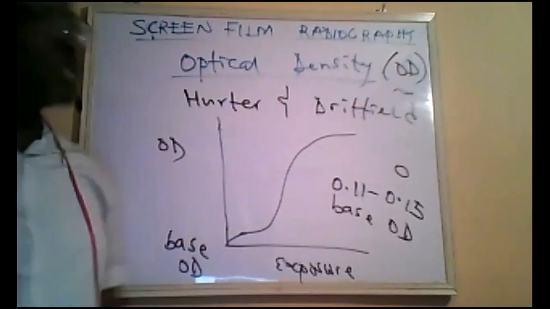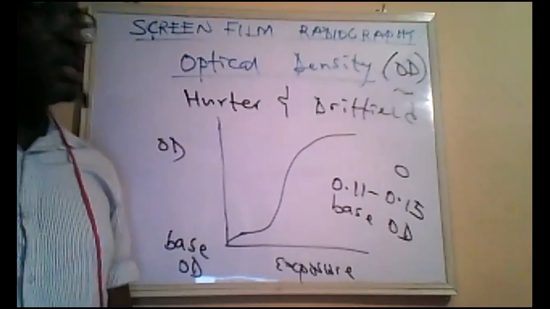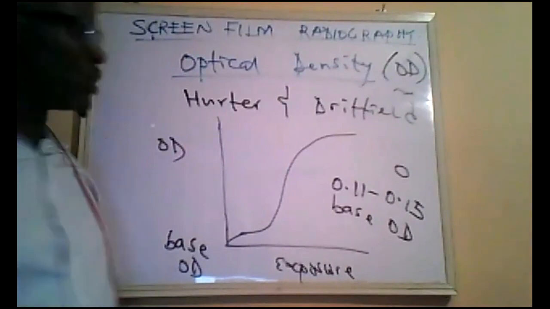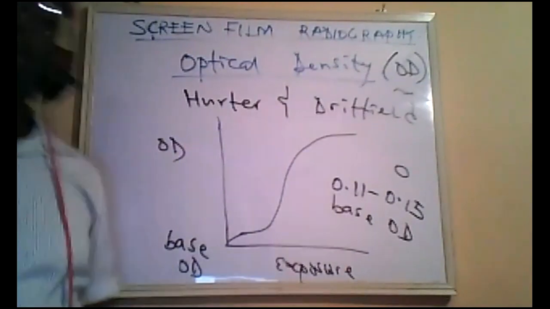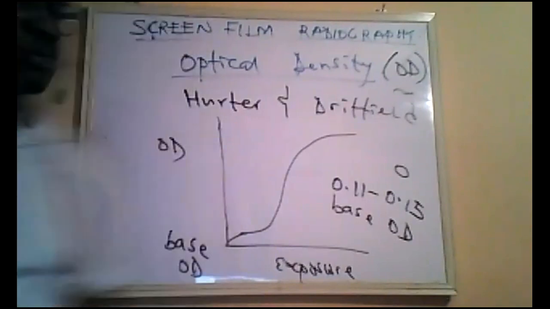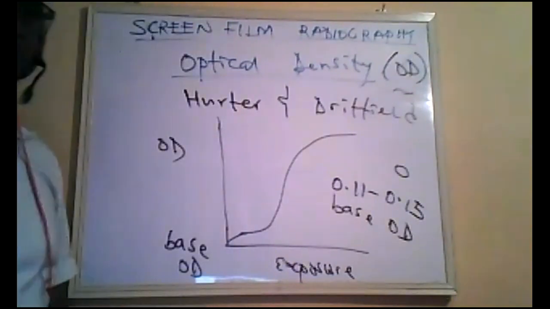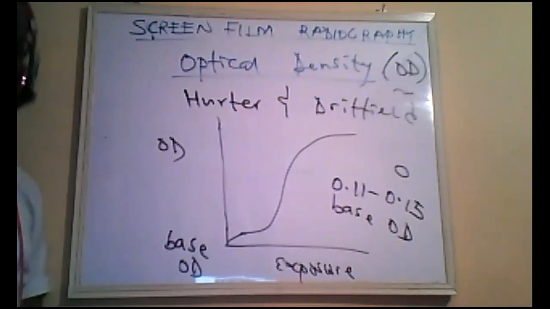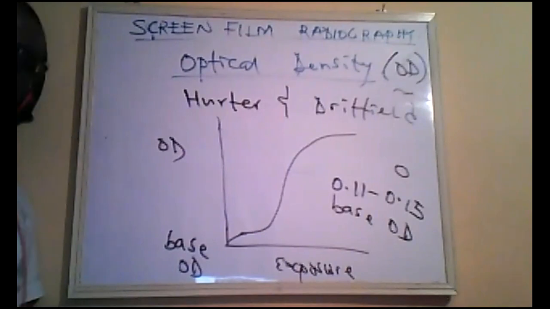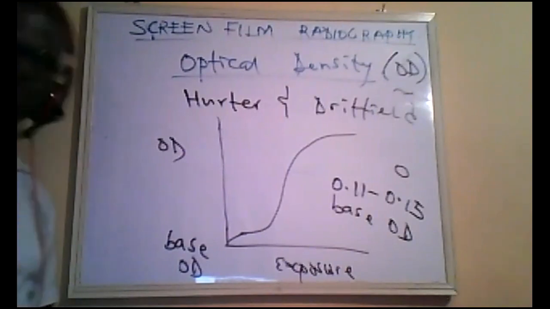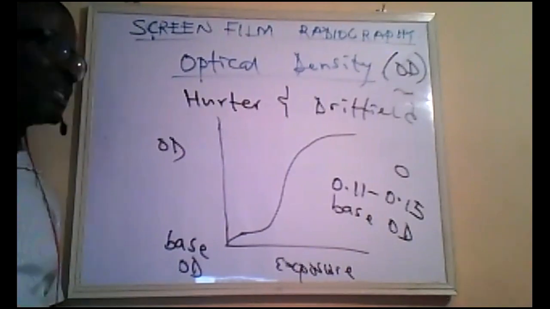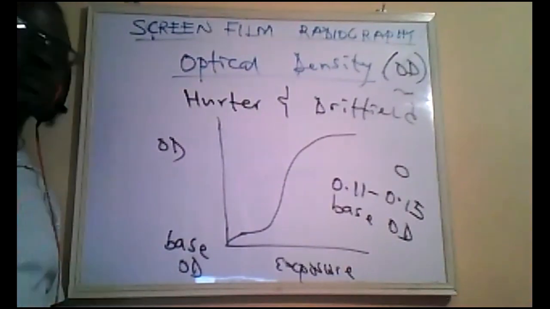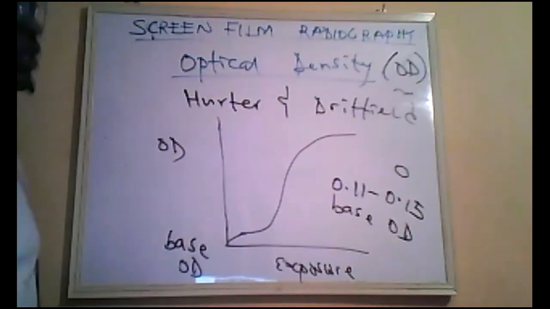Even if it is opposite the exposure room, the wall separating the X-ray room and the dark room has got to be fortified with very dense material. It can be lead, although you don't need to use lead. Concrete that has been well fortified so that X-rays wouldn't penetrate the wall and expose the films.